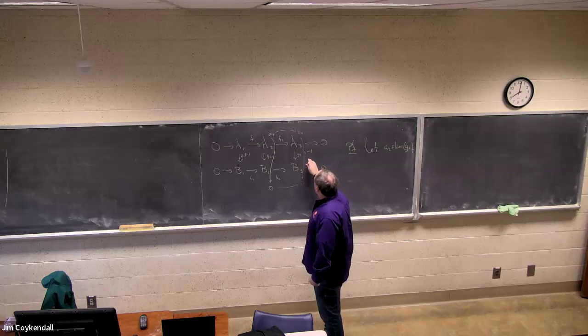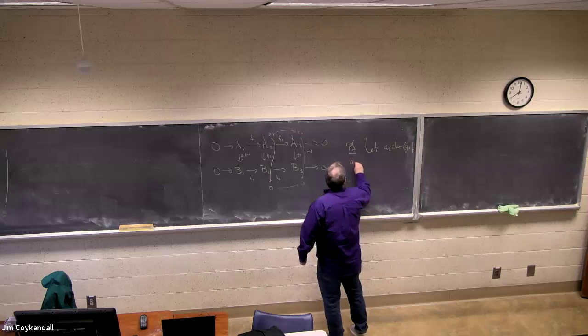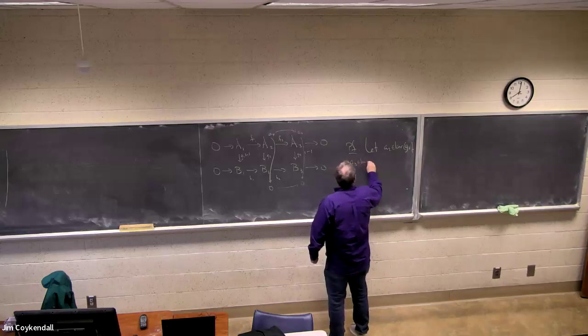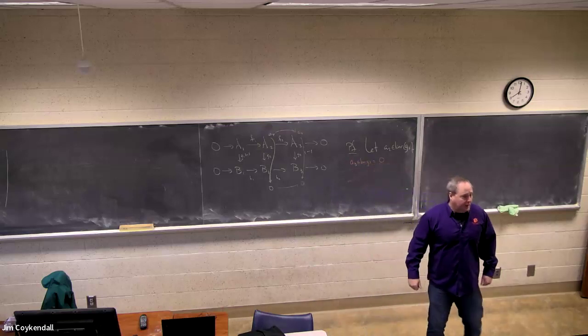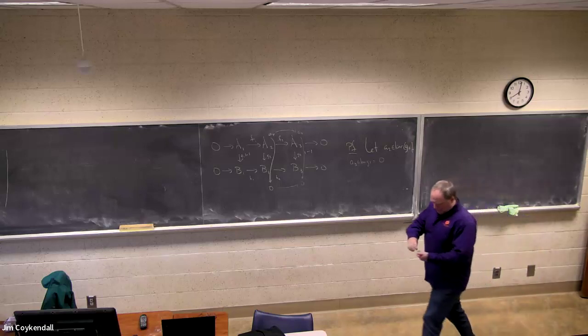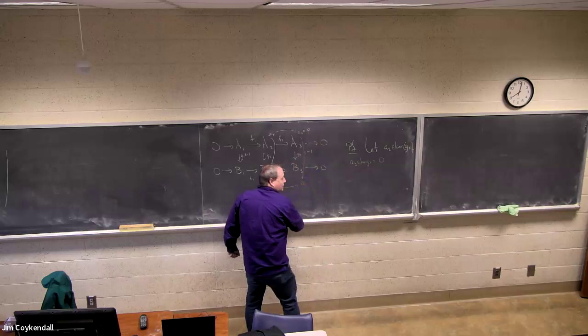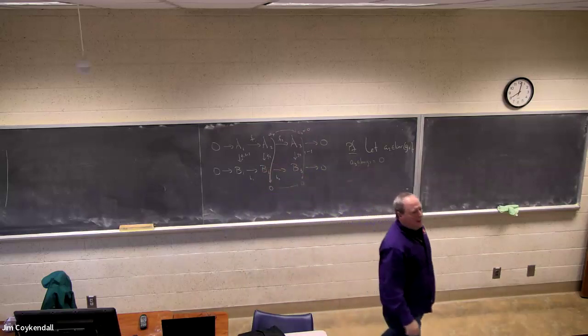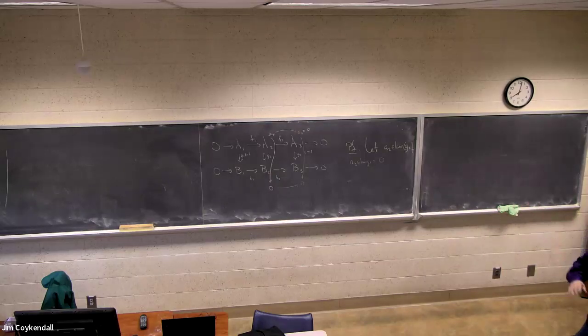So what can we conclude about A3? The kernel of G3 is 0 because G3 is 1 to 1, right? So what does that allow us to leverage here? So now we know that this guy is 0. You should use exactness at A2. Right, that's right. That means that A2 is in the kernel of F2.